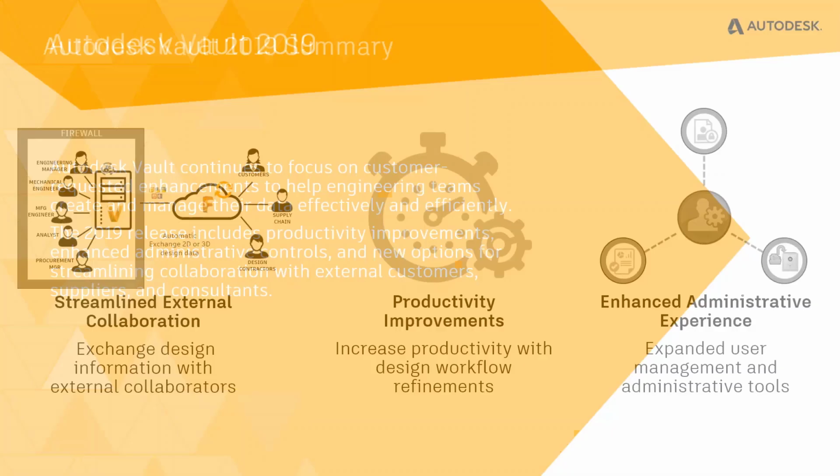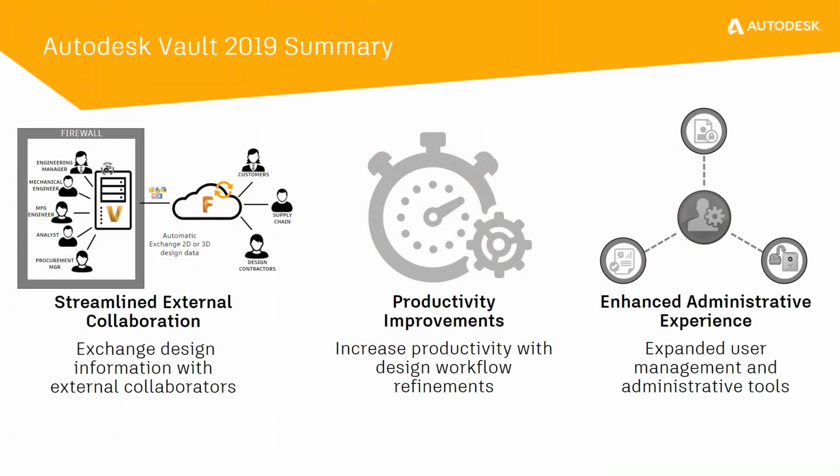With that in mind, let's quickly look over those three key areas that we're going to focus on today. The 2019 release of Vault focuses on these areas of improvement. Firstly, streamlined external collaboration. Here the focus is on easily connecting and exchanging your design data with customers, manufacturing suppliers, and design contractors.